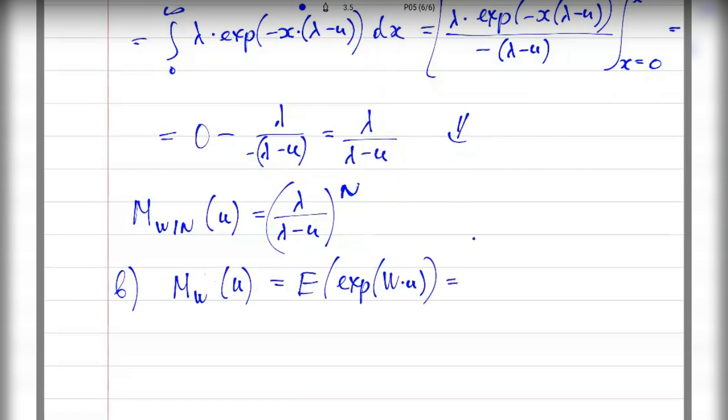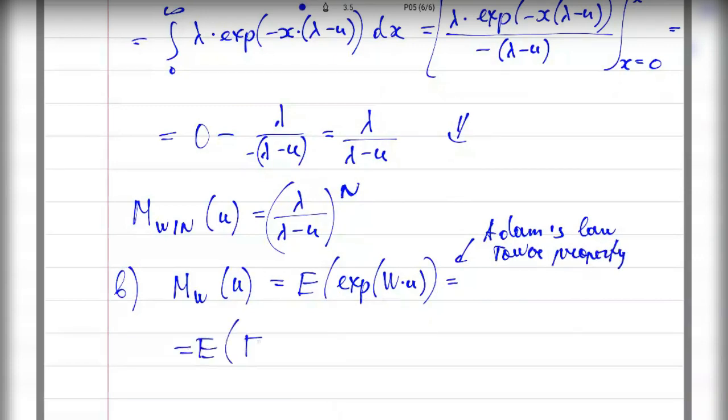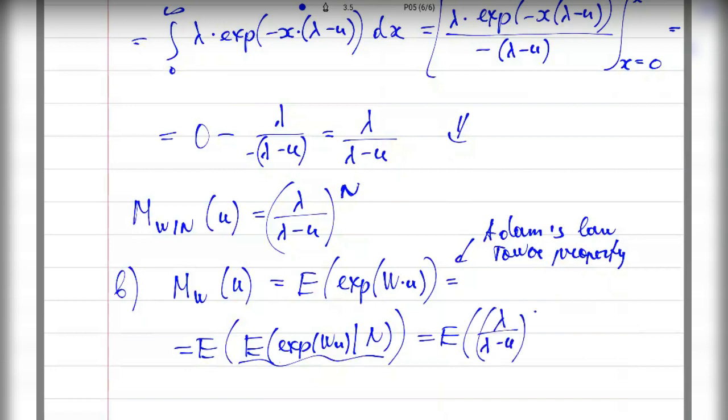And once again, we use Adam's law, or the tower property. We just say that it's the expected value of the conditional expected value when n is fixed, and this we have calculated. So that's the expected value of lambda over lambda minus u, to the power n.